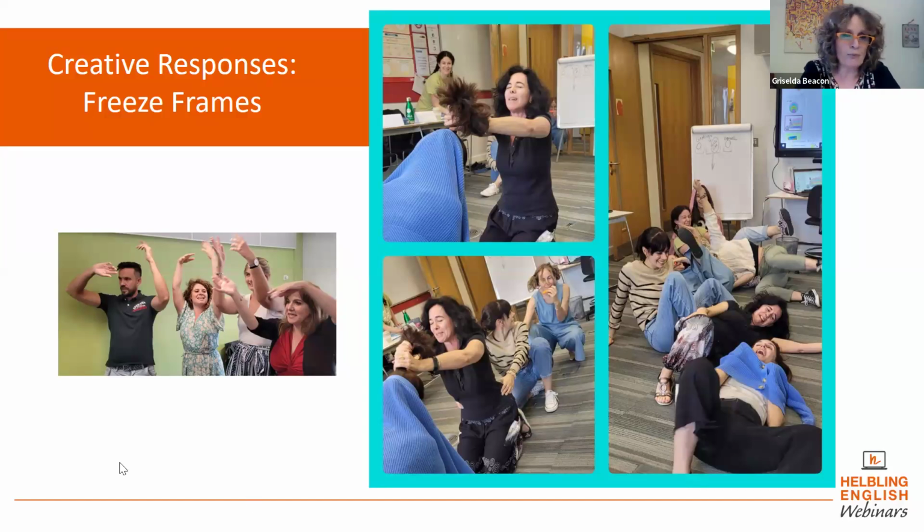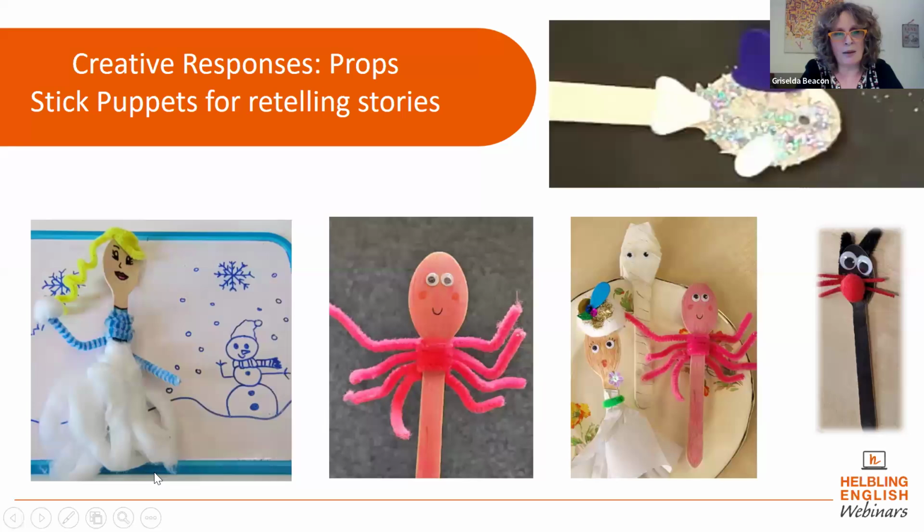I showed you the stick puppets. Here are several examples of stick puppets that I did with my teachers in service, which the children can use to show, to play, to say, to retell certain dialogues in different ways in the classroom.